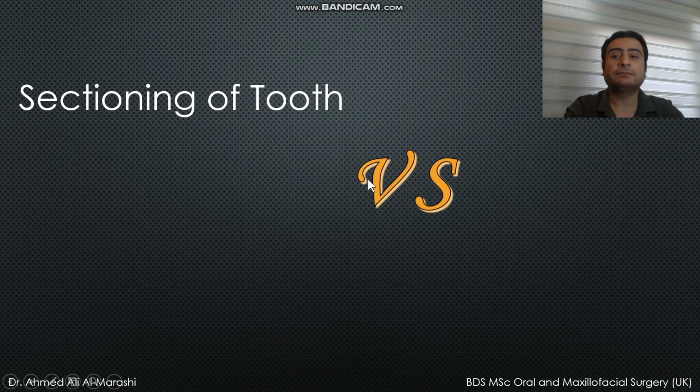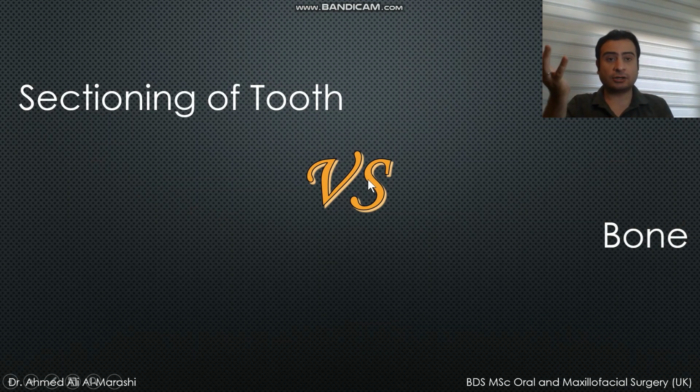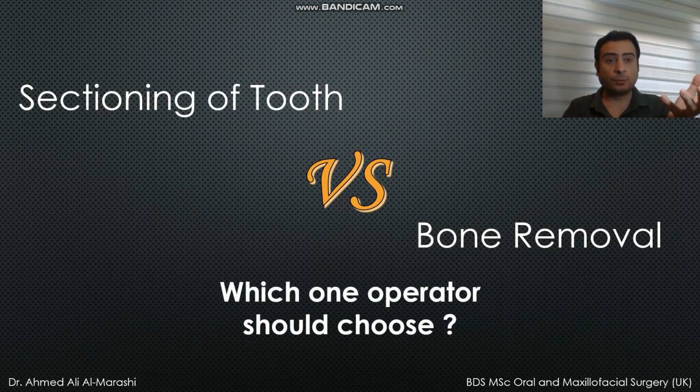So we have sectioning of the tooth on one side and bone removal on the other side. We can remove as much as we can from the bone without sectioning the tooth, but we'll create an enormous defect within the mandible.